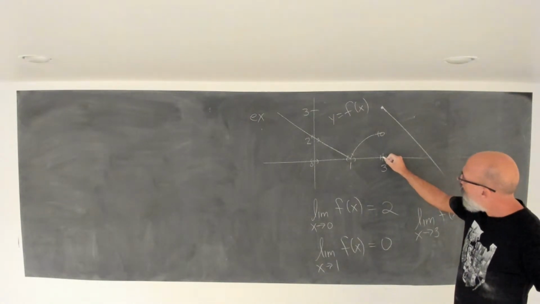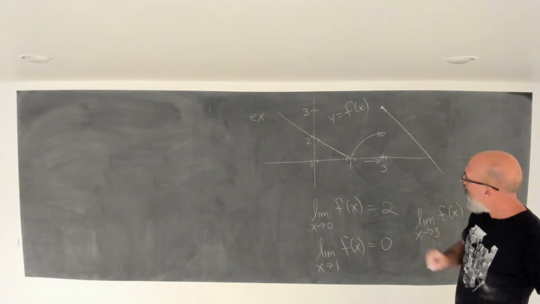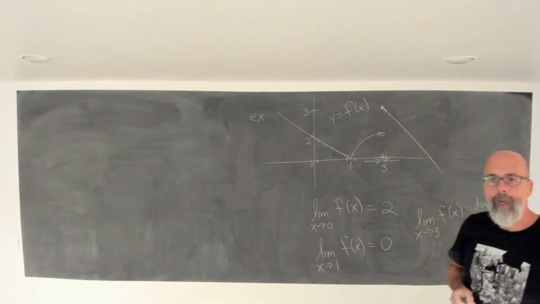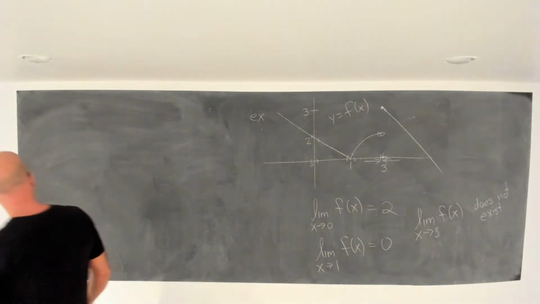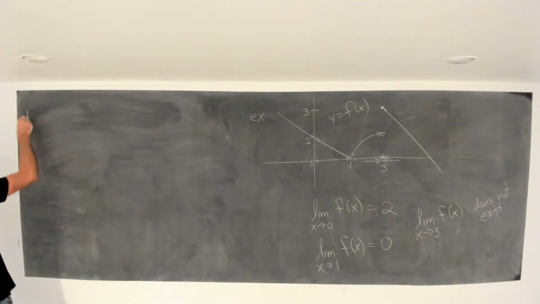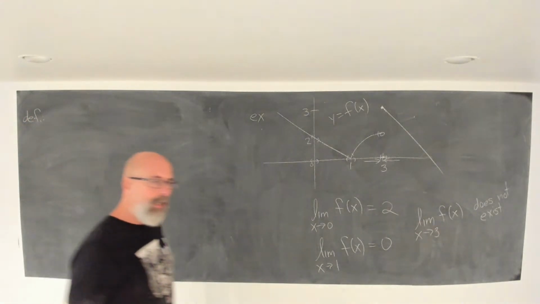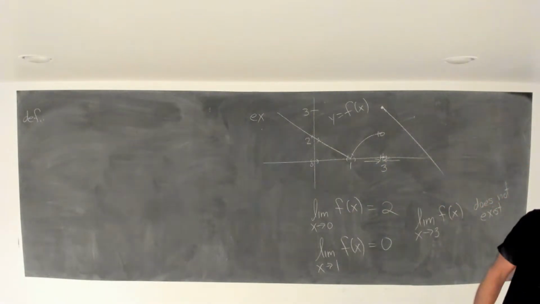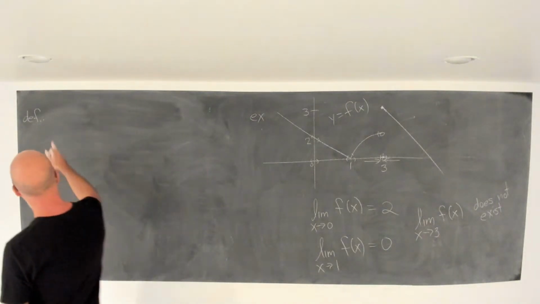Now, the only way to get to the number 3 is either from numbers less than 3 or from numbers bigger than 3. Those are the only two ways to approach 3. So we introduce the idea of left and right-handed limits and introduce notation while we're at it.